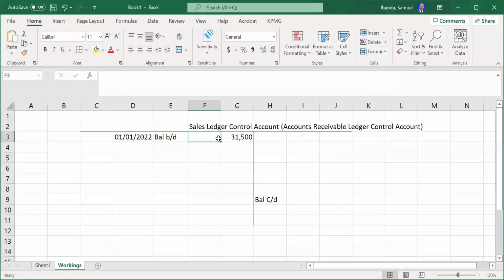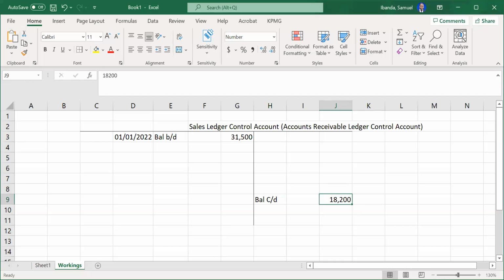Somebody says we debit this, and then we credit with the other value, which is 18,200. Now, this is actually right.